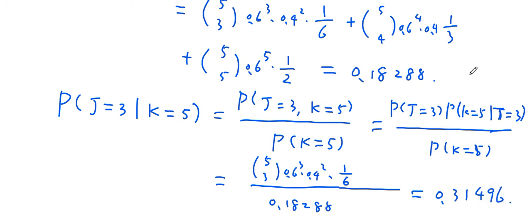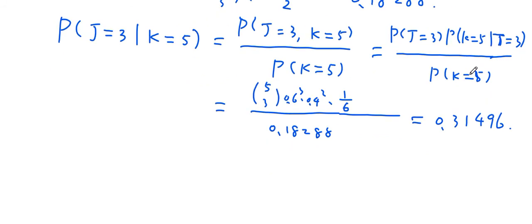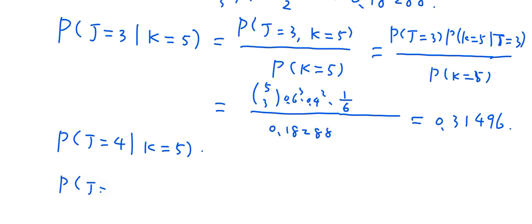Okay. The same way we can find those probabilities, right? So j equal 4, k equal 5, using the same way, and we can find j equal 5 when k equal 5.